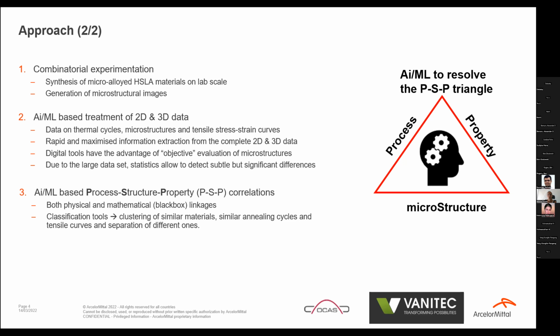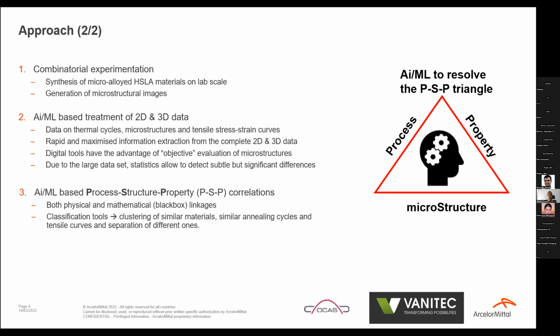This is done through classification tools within the digital image analysis and prediction software, which can cluster similar materials, but also separate different ones, where with a human approach it would be more tricky to incorporate all the data and features that we can collect from the experimental data.